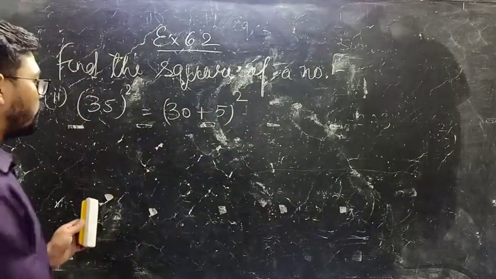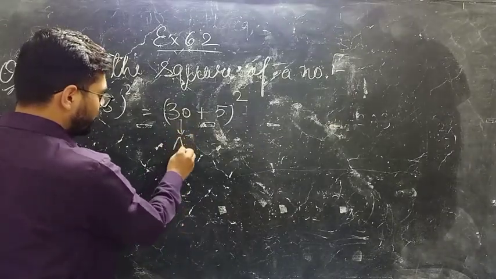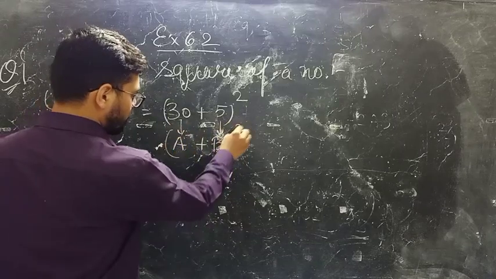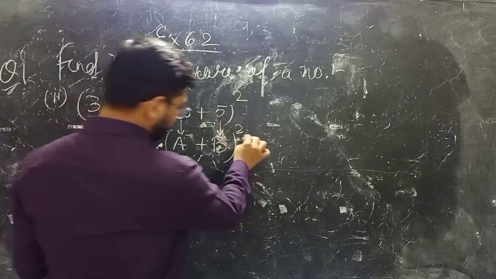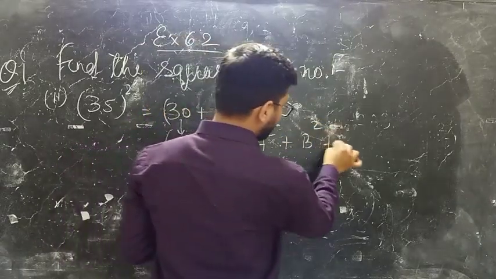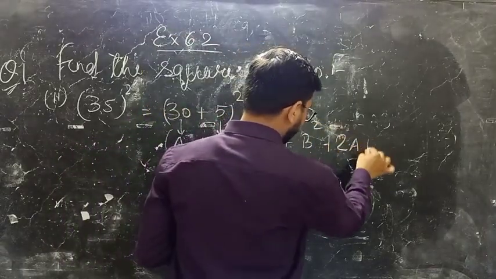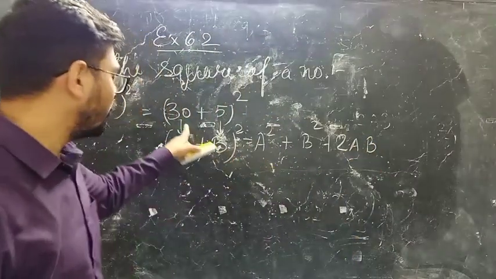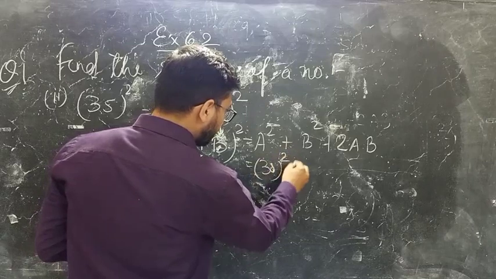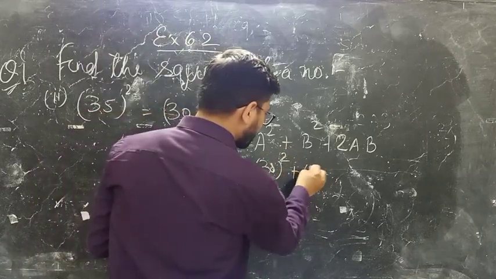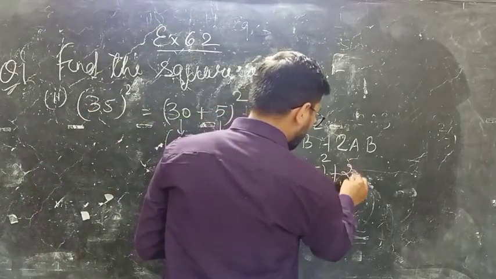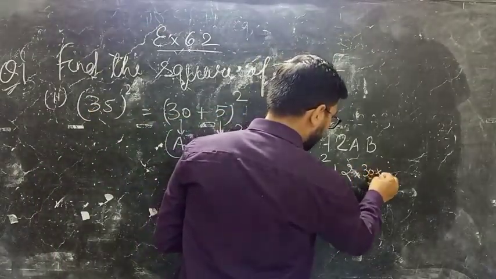Again apply the same formula: a plus b whole square is equal to a square plus b square plus 2ab. In place of a, write down 30, so 30 square. In place of b, write down 5, square of 5. And ab, so twice into 30 into 5, right?